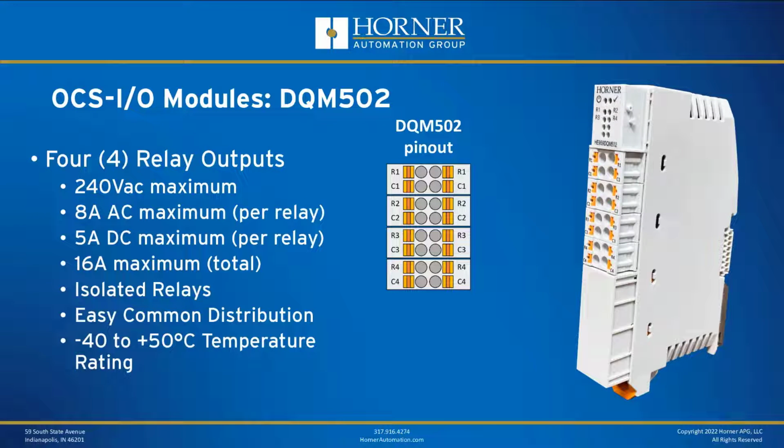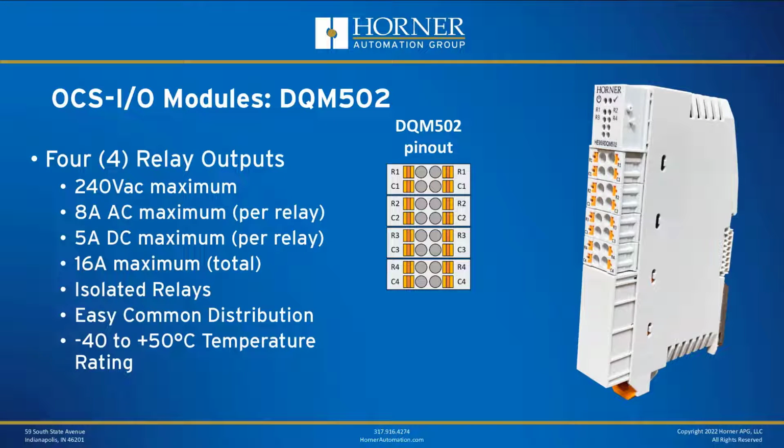We've also got a dedicated 4-channel relay output card that has higher current capacity. So not only can it support more voltage, up to 240 volts AC, but it also supports up to 8 amps per point AC or 5 amps per point DC with a total not to exceed 16 amps. Obviously, because of self-heating, you don't have an unlimited amount of current capacity available.